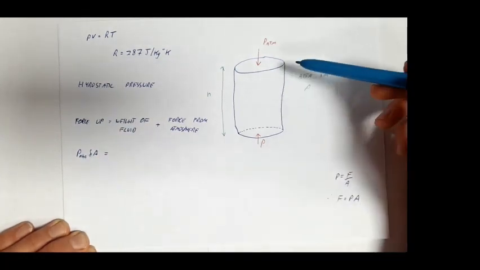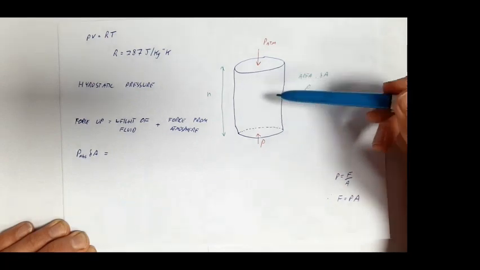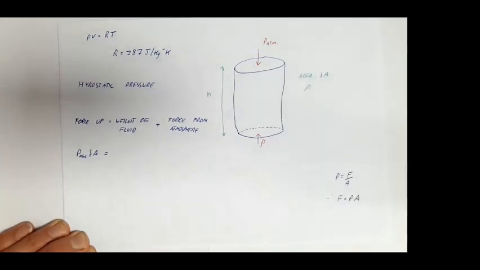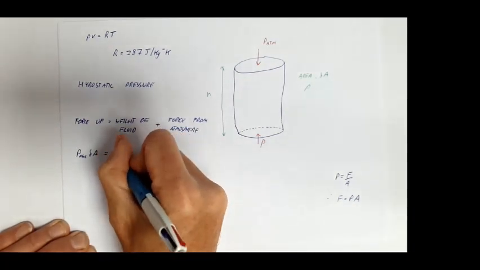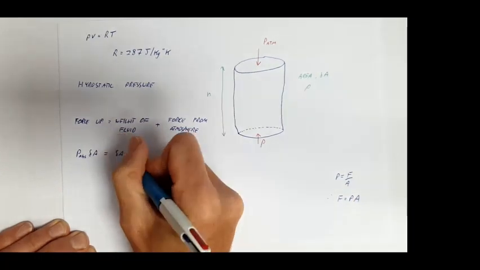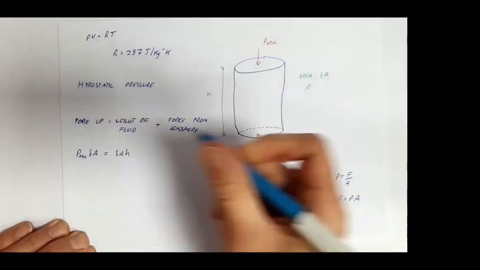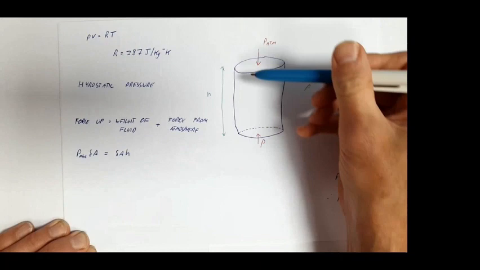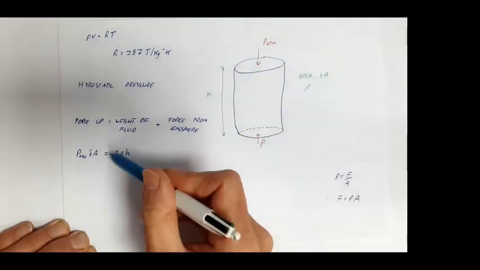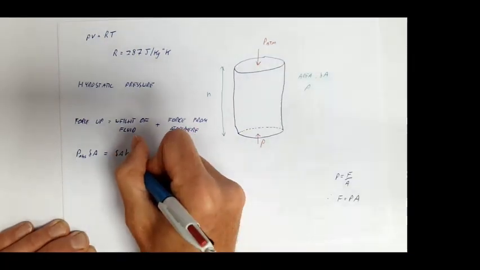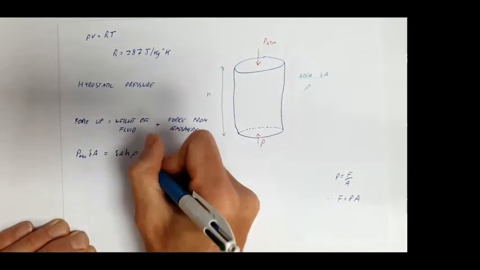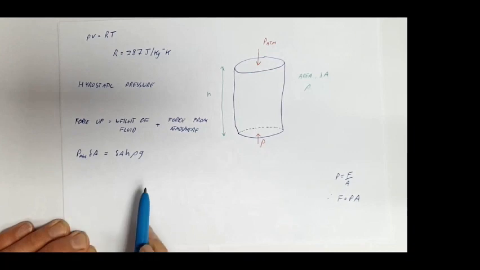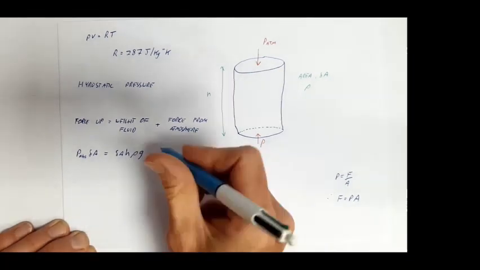The weight of the fluid is going to be the volume of the fluid times by density times by gravity. So the volume of the fluid is going to be delta A times by H. Delta A is our cross-sectional area, H is our height, so that's going to be the volume of the fluid times by density, to turn that into mass, times that by gravity, to turn that into weight.